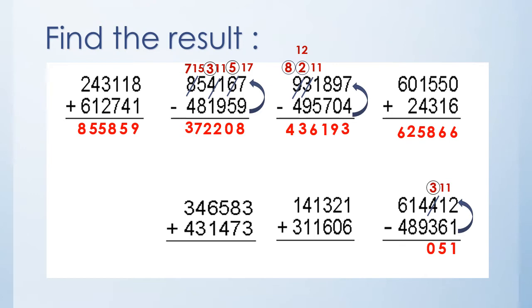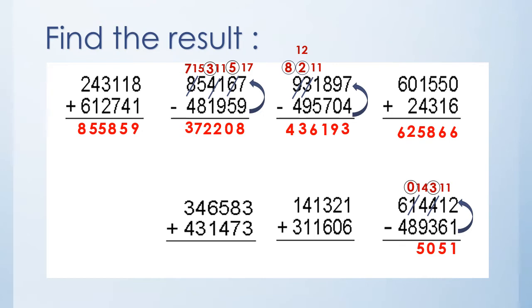4 minus 9, can I count from 9 to reach 4? No, can't be. Borrow 1 from 1. 1 will be 0 and 4 will be 14. Count after 9 to reach 14. After 9, 10, 11, 12, 13, 14. I have 5 fingers. 0 minus 8.